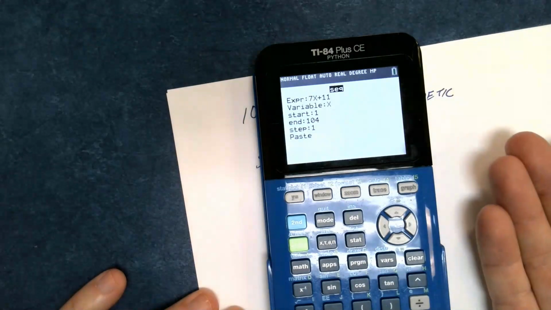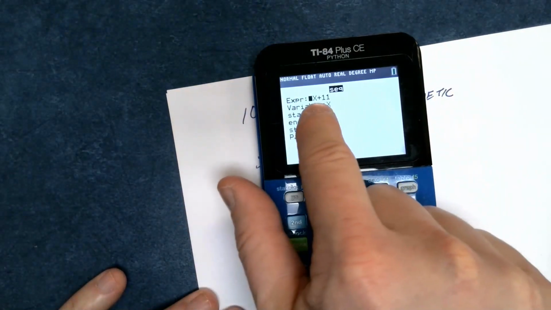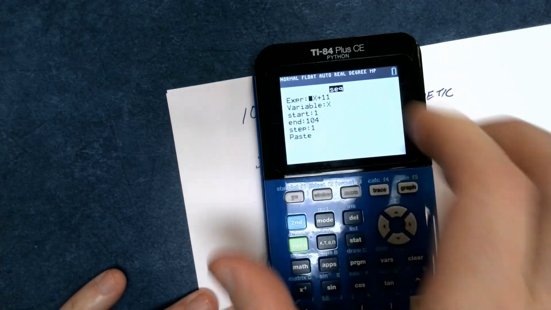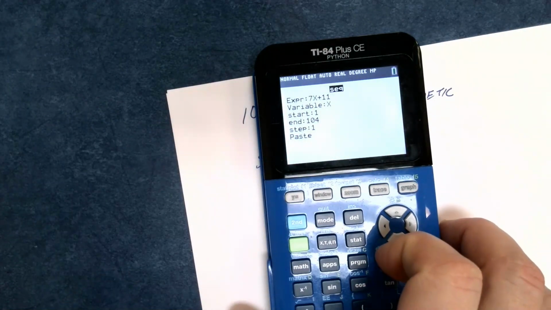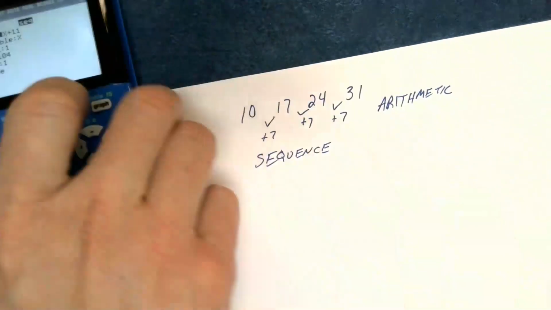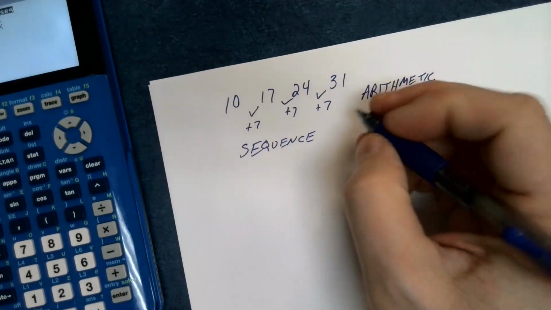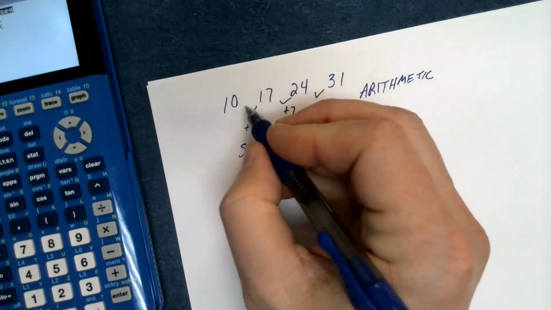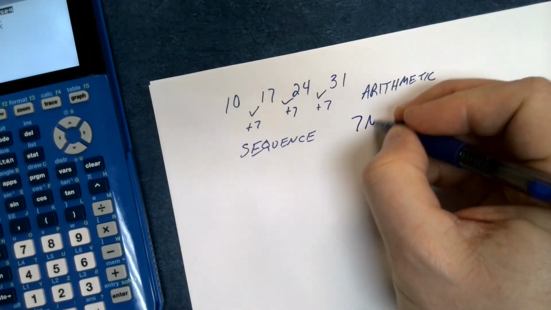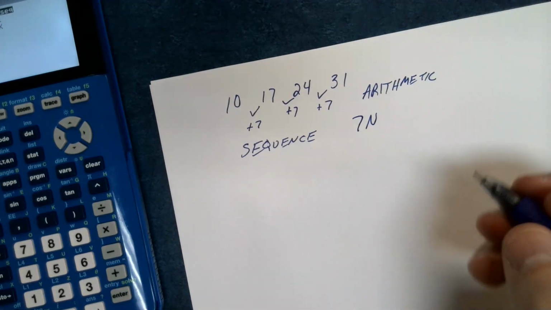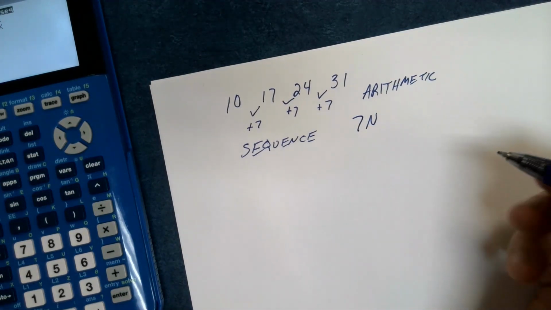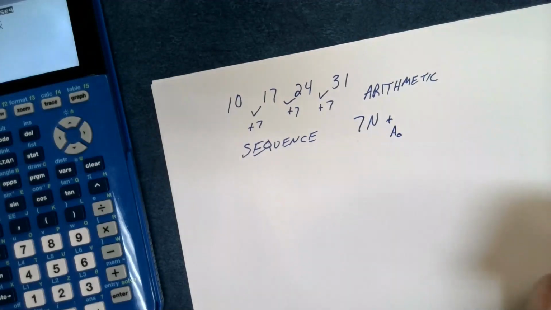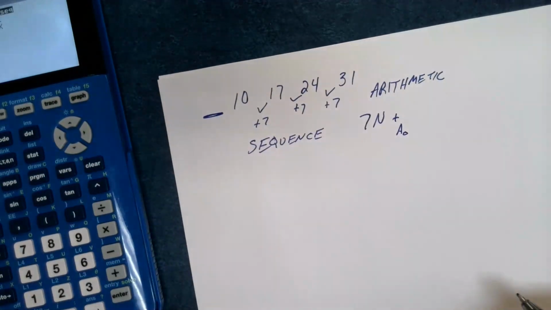When we have it in here, the first thing we have to do is write an expression or an explicit formula for the sequence. I believe we probably talked about explicit formulas already, so I'm going to go ahead and write it for this one. An explicit formula for an arithmetic sequence takes the difference, which is 7, times a variable n or x or j or q or whatever you want, and then plus a sub 0, so the term that comes right before the first term.